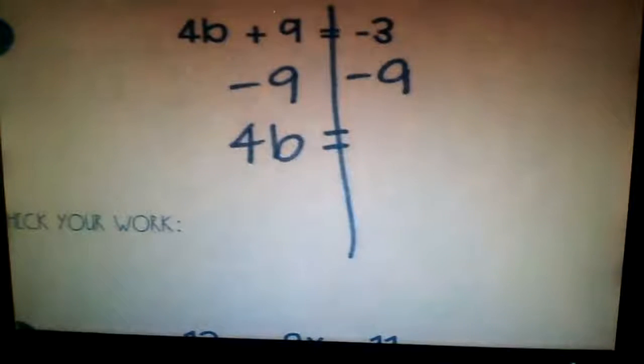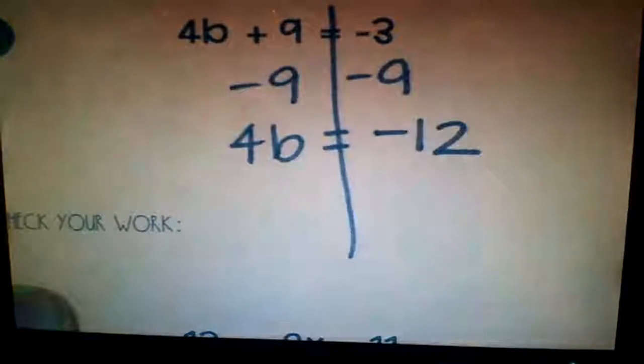Okay, think about this now. I start at negative 3, and I need to go negative 9, negative 12. So I'm going 9 in the left direction, which leaves it as a negative 12. So wait, this is gonna check your work, right?